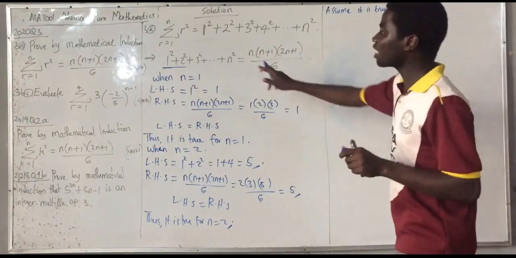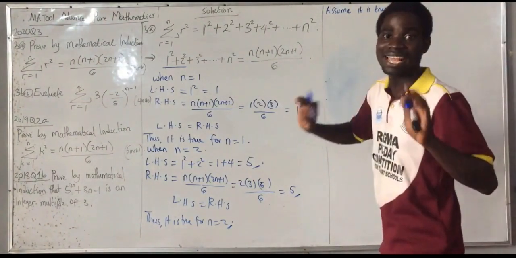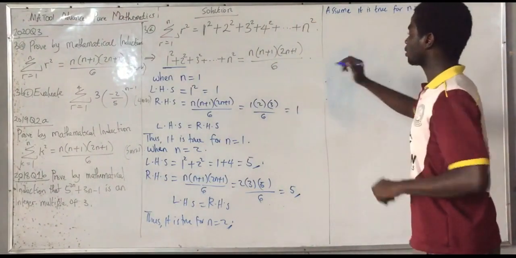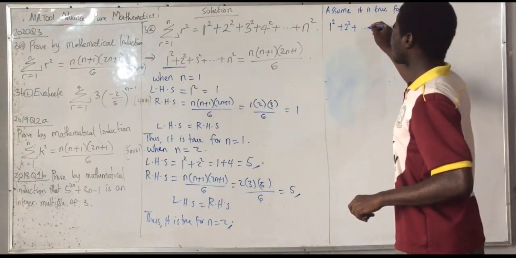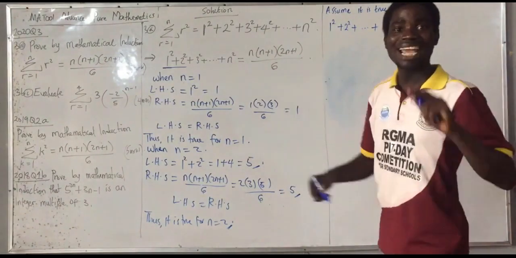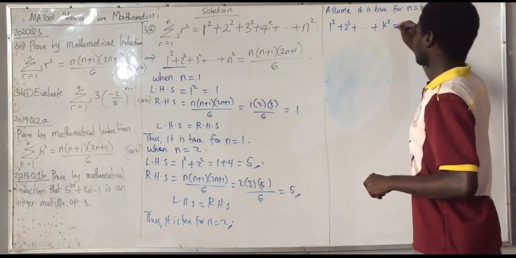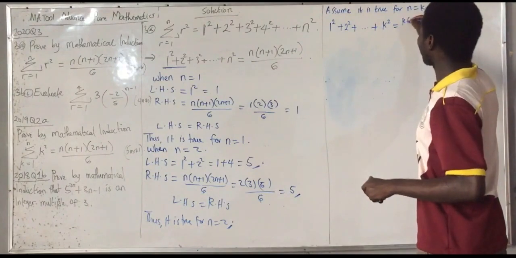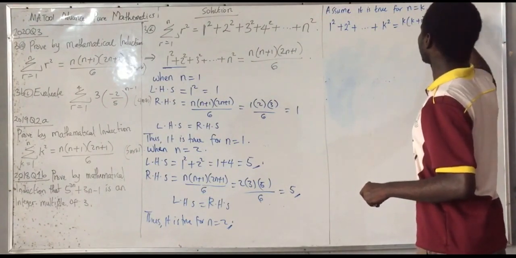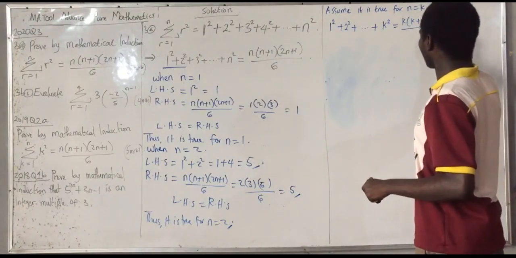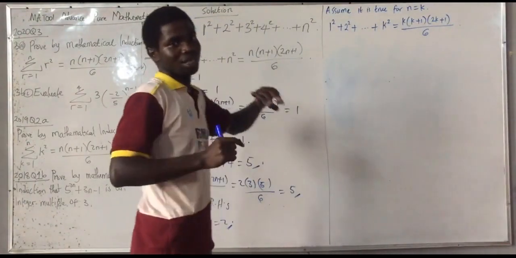It means that anywhere you see n here, replace it with k. Replace anywhere you see n with k. This one will become 1 square plus 2 square plus 3 square, until you get to, instead of writing n square, write k square, is equal to k plus 1, 2k plus 1 over 6. That is what you assume.